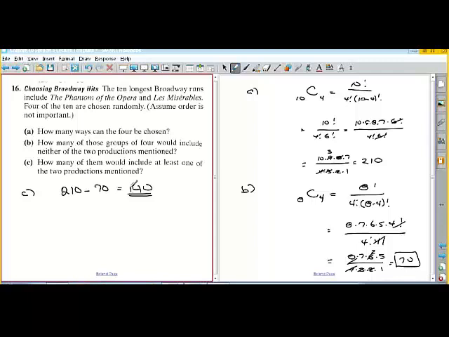You wouldn't think it would be that many. It's basically 2/3 of the choices that include at least one of the two productions, whatever the other shows are.